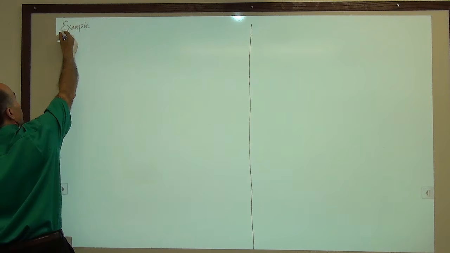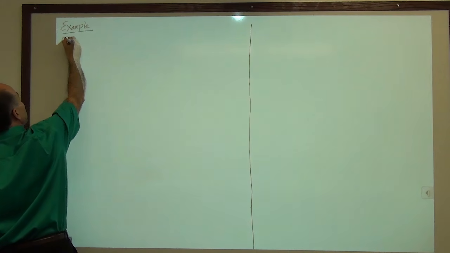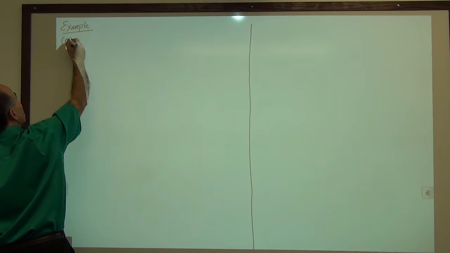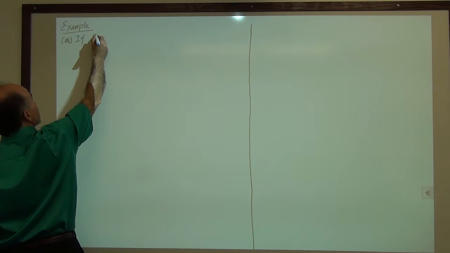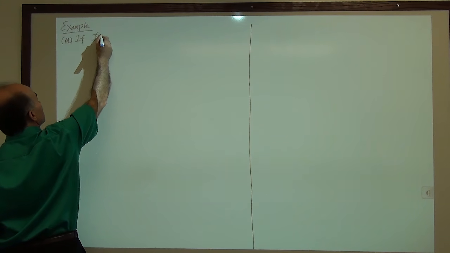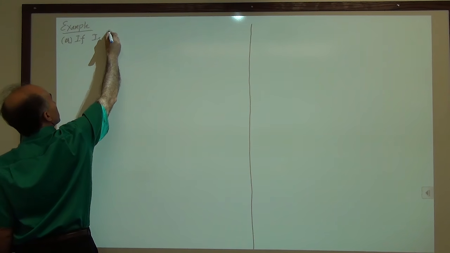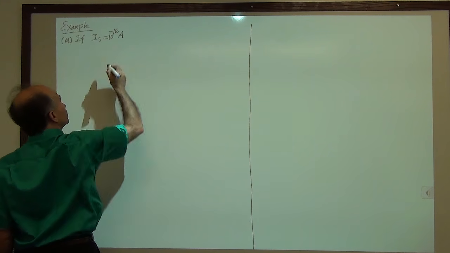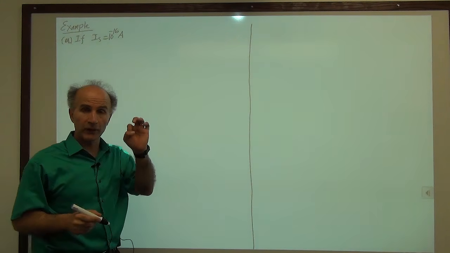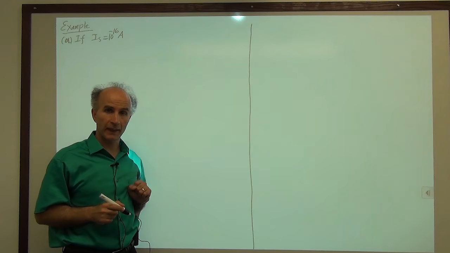Okay, so this example has two parts. In part A, we assume Is is equal to 10 to the minus 16 amperes. You can see it's a very small value. That corresponds to a very small diode, 10 to the minus 16 amperes.